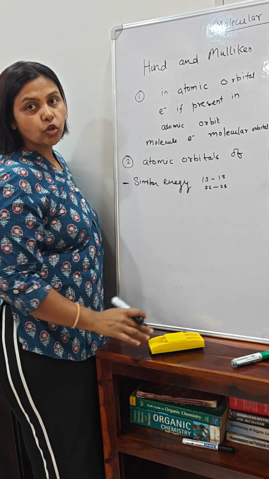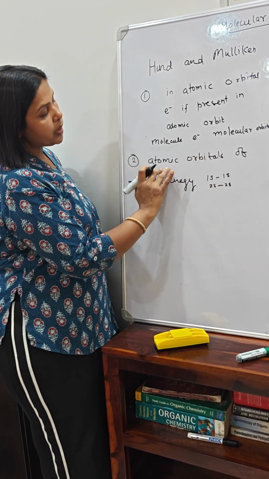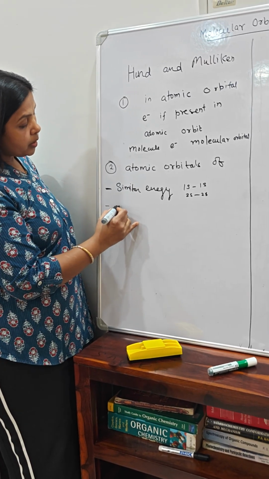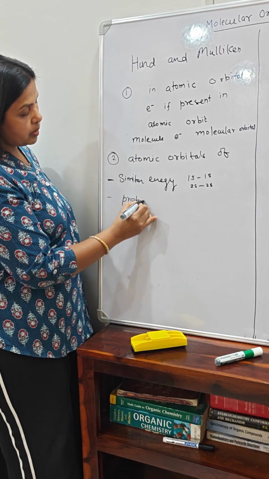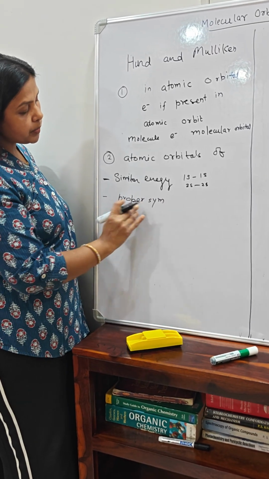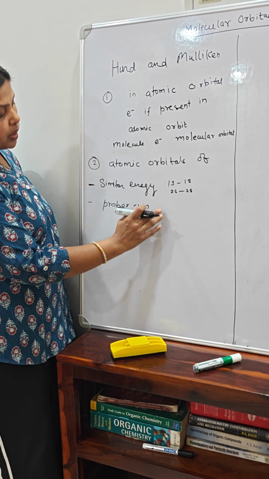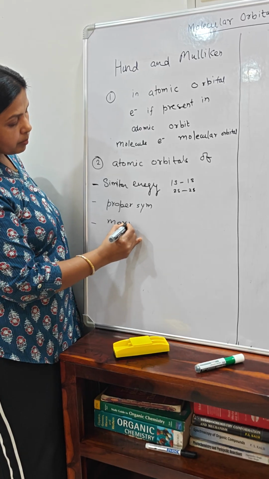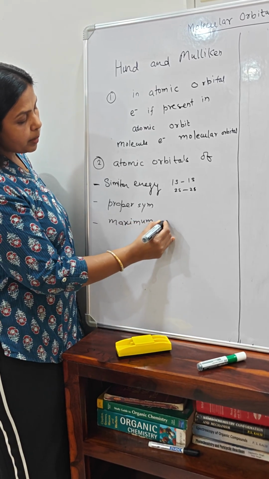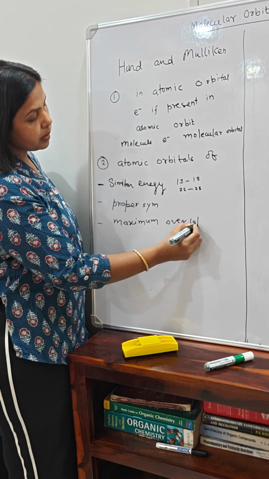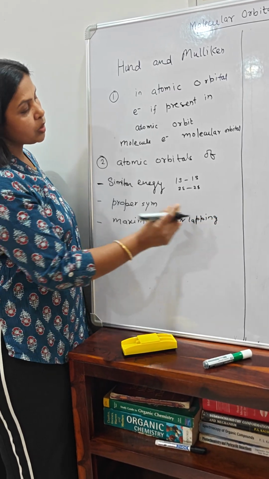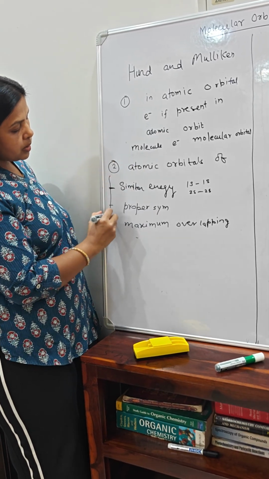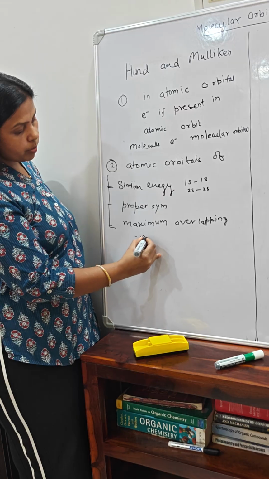When atomic orbitals of similar energy combine in proper symmetry along the nuclear axis, which is very important, and have maximum overlapping, they form molecular orbitals.